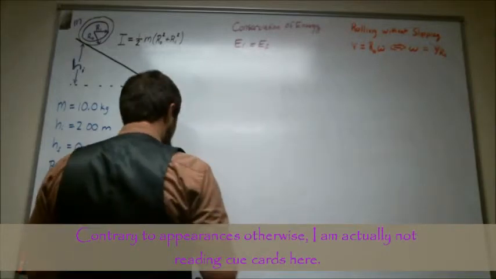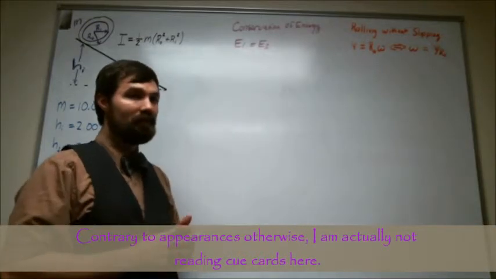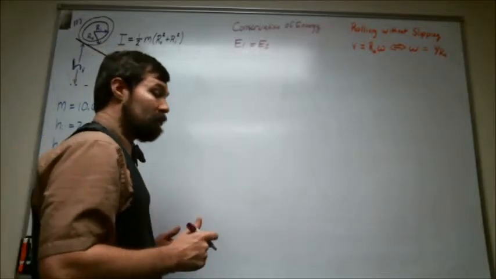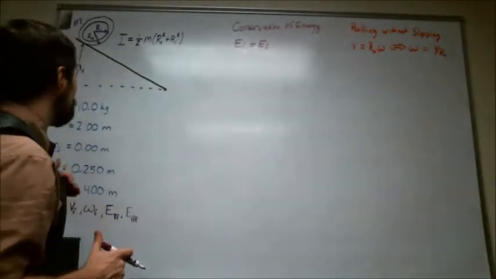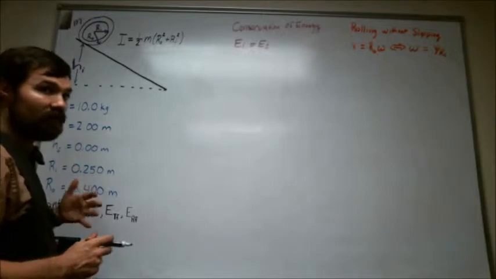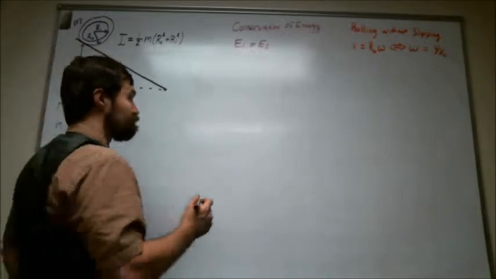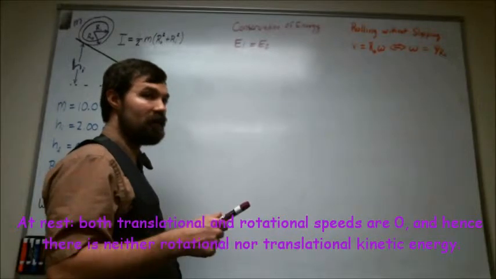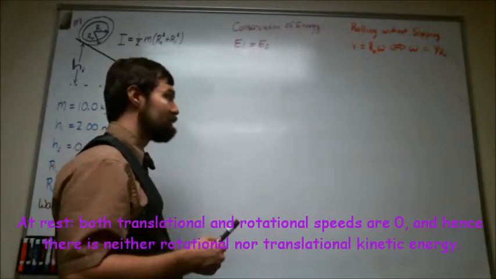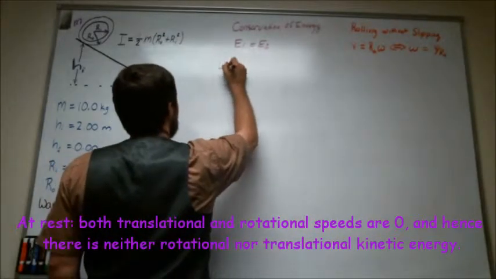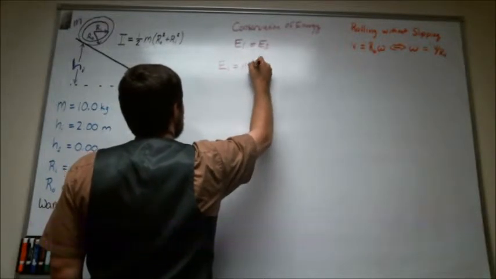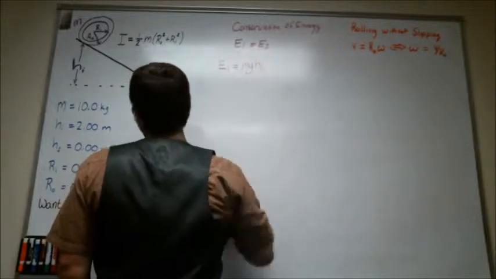So we're going to end up using both of these to solve the problem, but let's start with our conservation of energy. So we need to look at what energy does this thing have initially and what energy does it have finally. Initially, it's at rest at the top of the hill. So all the energy is potential energy. So the initial energy is mg h initial.